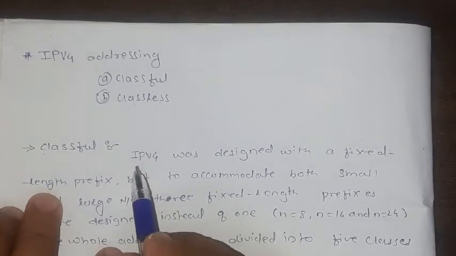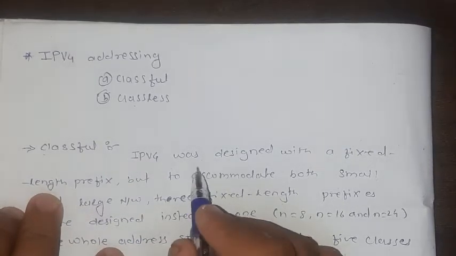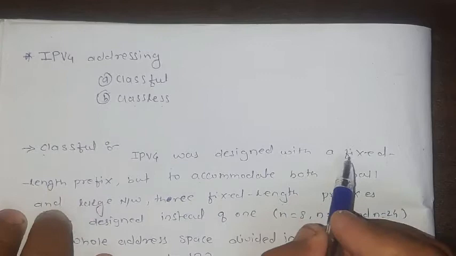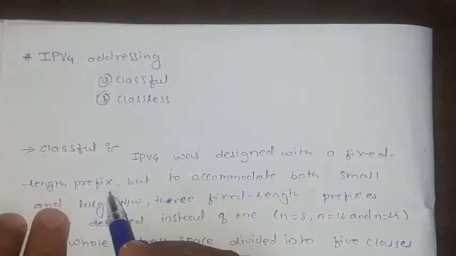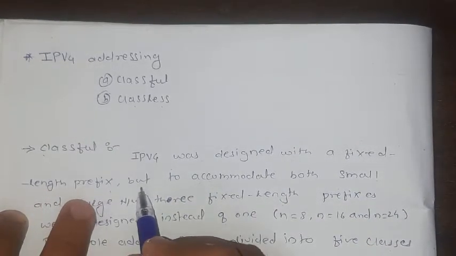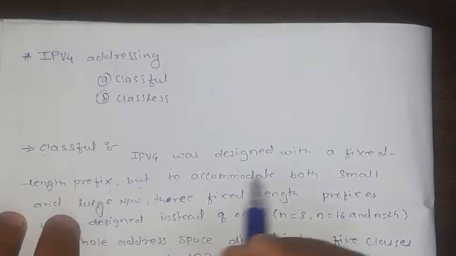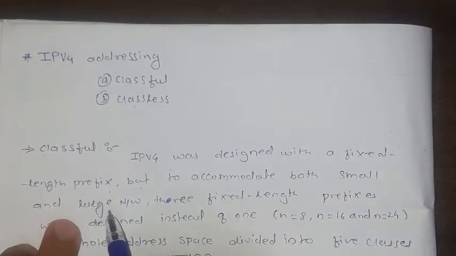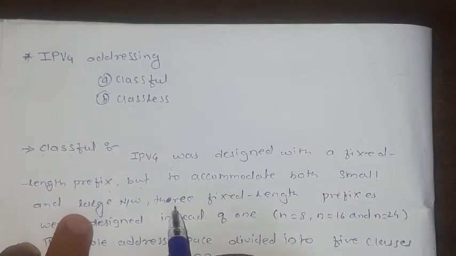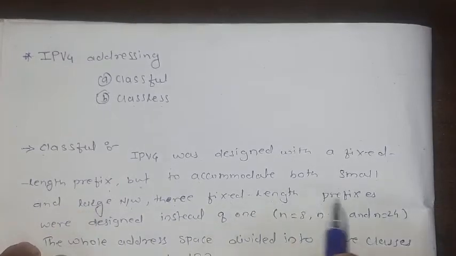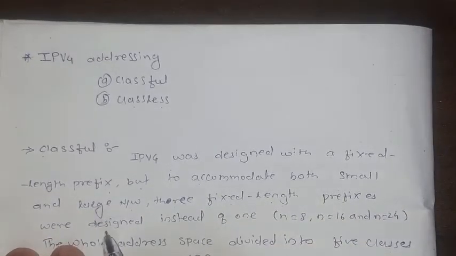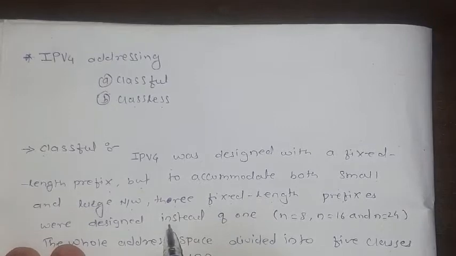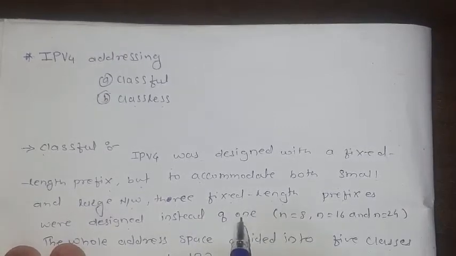IPv4 was designed with a fixed length prefix, but to accommodate both small and large networks, three fixed length prefixes were designed instead of one.